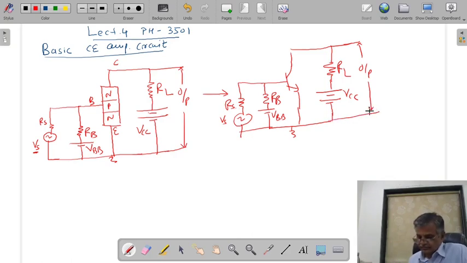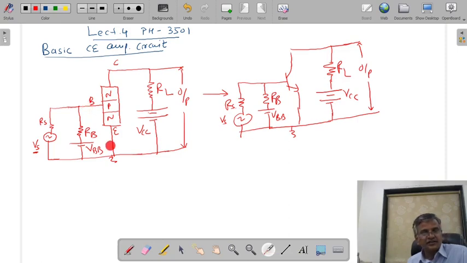Now remember the most important sentence. If you want to use a transistor as an amplifier, then the base emitter junction should be in forward bias and the collector base junction should be in reverse bias. Remember this line.